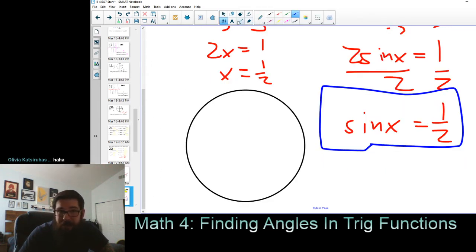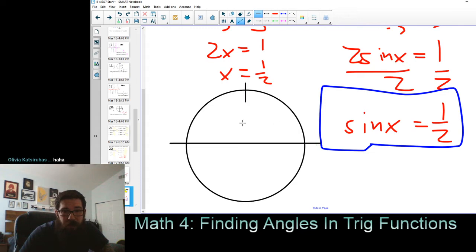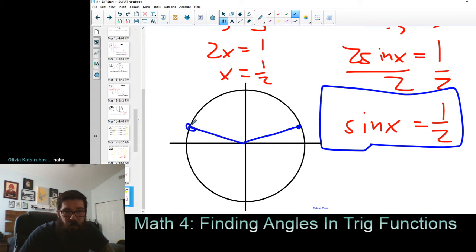Well, we're looking for positive places, so quadrants 1 or 2 for positive y value. I'm really looking for this angle right here and this angle right here. What are those places where the y value is 1/2? This guy right here is pi over 6, and then this one is 5 pi over 6.